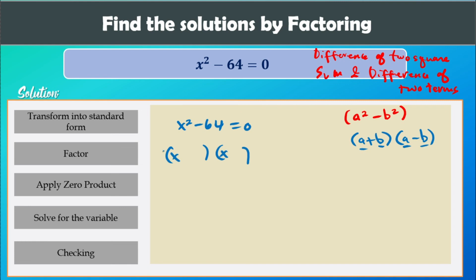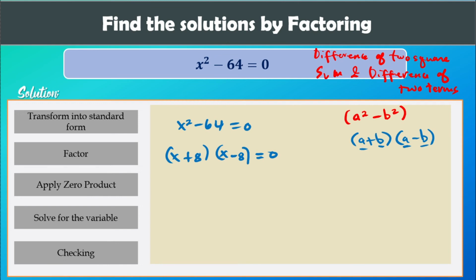Or yung factors niyan are x and x. Then 64, what is the square root of 64? Okay, that is positive or negative 8. Lagay natin dito si positive 8 saka si negative 8. And don't forget to write the equal 0 sign. Okay? Now, pag i-check natin to, 8 times negative 8 is negative 64. Pag i-add naman natin 8 saka negative 8, 0 na siya.